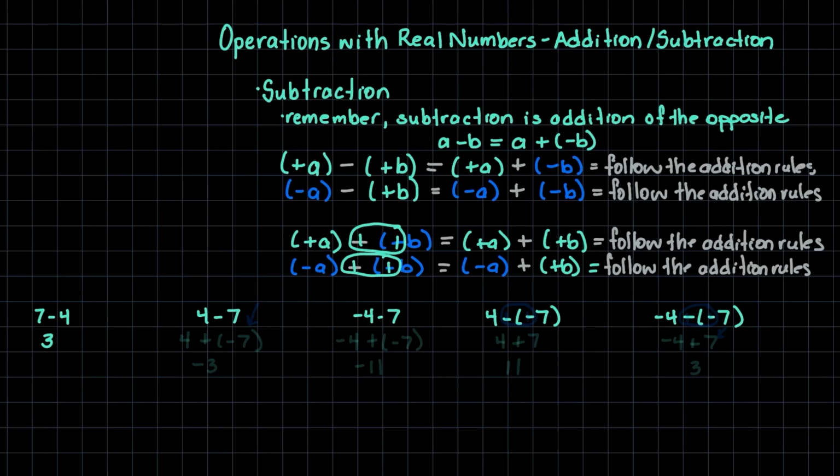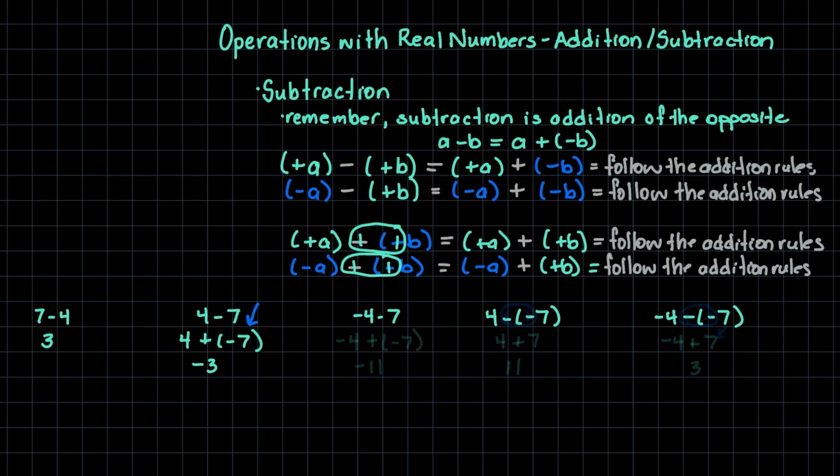But I know that this is the same thing as 4 plus negative 7. Now I see it as a positive and a negative that I'm adding, which means in my head I subtract. 7 minus 4 is 3. Then I go back. Who had the higher value? 7 is larger than 4, so my answer is negative.